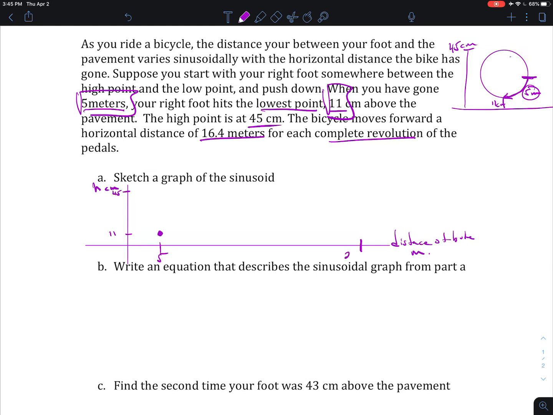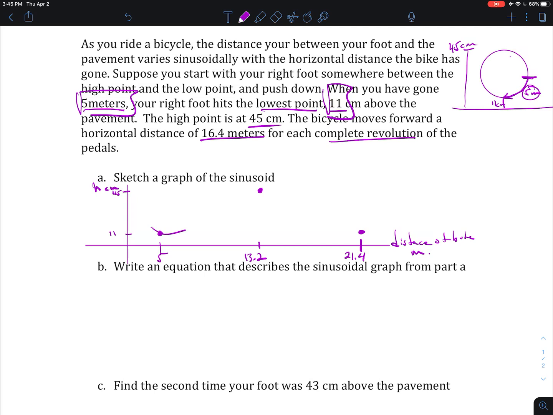So 16.4 past 5 is 21.4. It's going to be that distance where the bike has traveled, I should say, when your foot makes it all the way around the pedal again. That being our period. So about exactly halfway there is 8.2. So we'll tack that on. That's 13.2. That must be where your foot is at the highest point.